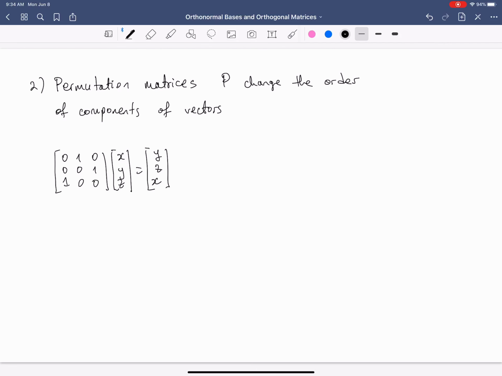And the permutation matrix is obviously orthonormal because the length of each column is 1, whereas the columns are mutually orthogonal. So orthogonality is another way to prove that permutation matrices satisfy P transpose P is the identity. We have reflection matrices.